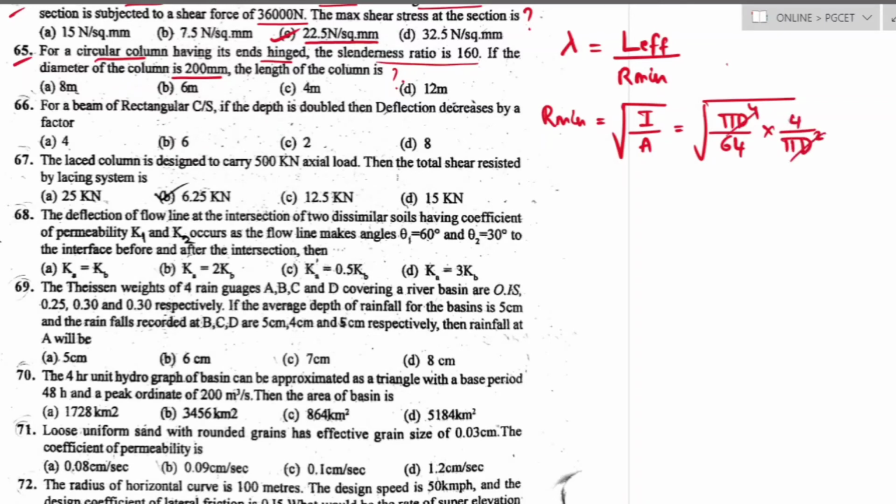On solving this, square root of d² by 16. So r minimum will be equal to d by 4.